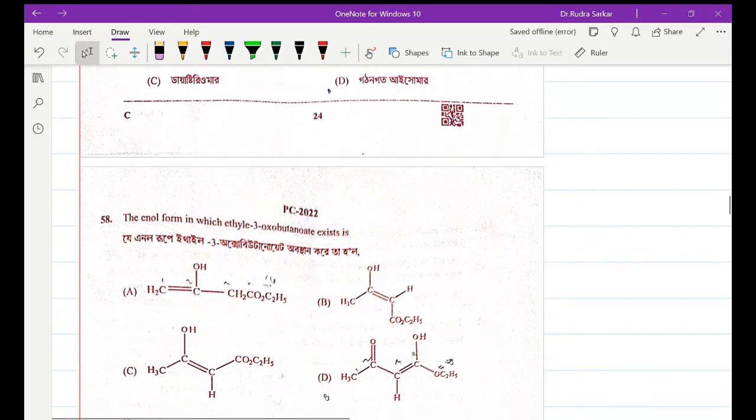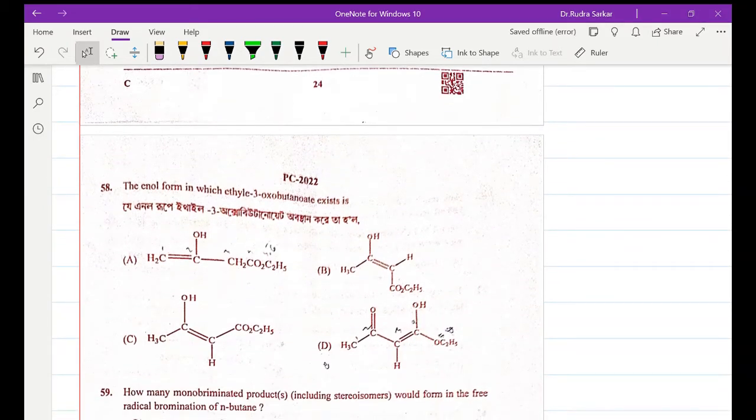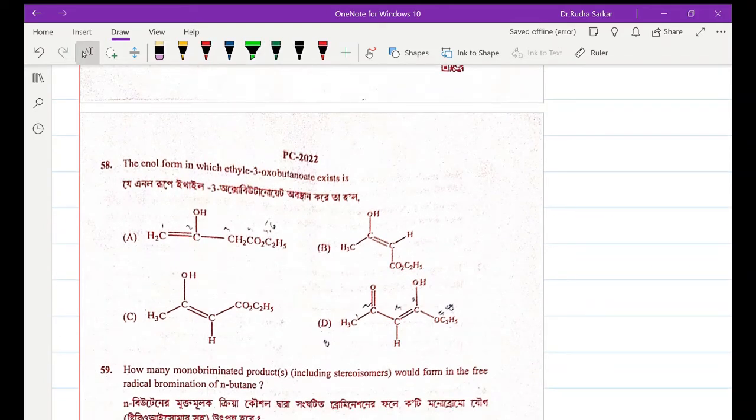The enol form in which the ethyl 3-oxobutanoate exists. This is what we have to find out. So let's.